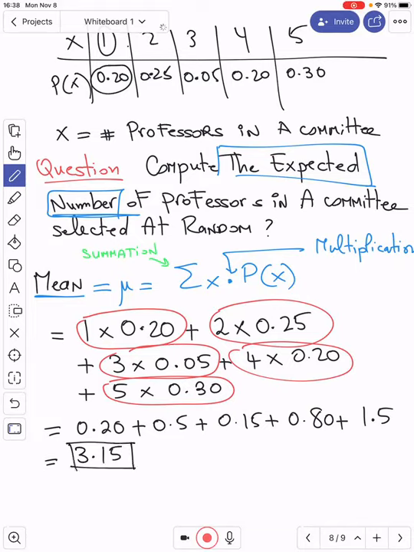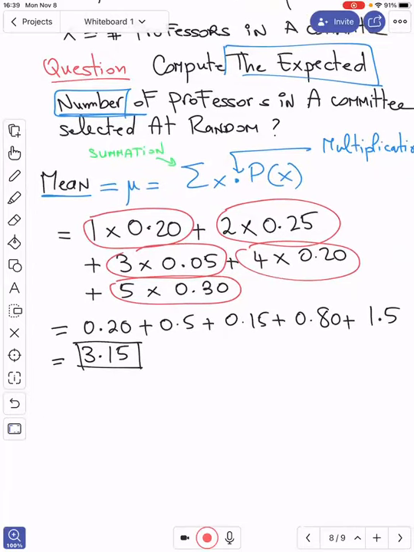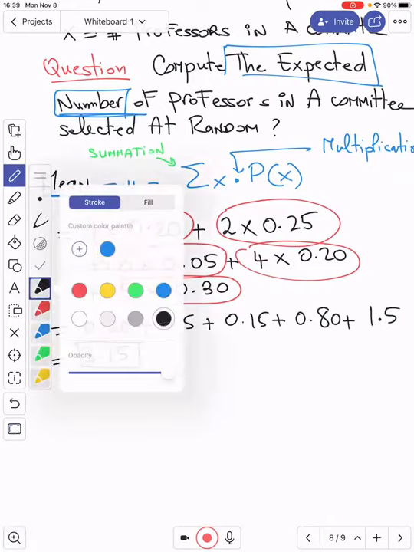Okay. So what's the interpretation again of this number? You need to understand the interpretation of all these numbers, right? So 3.15 means that when you select a committee at random, we expect to have like 3.15 professors. Of course, the 0.15 doesn't mean anything because you cannot divide a professor into decimals, right? But that's the idea. Approximately we have like 3 professors in a committee.